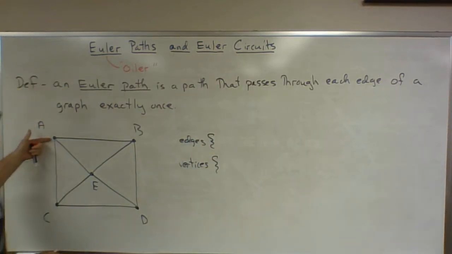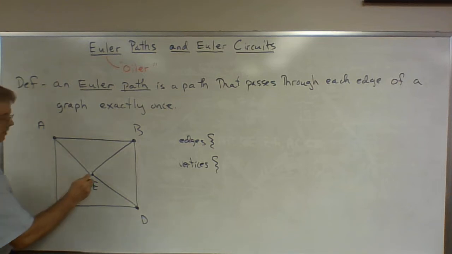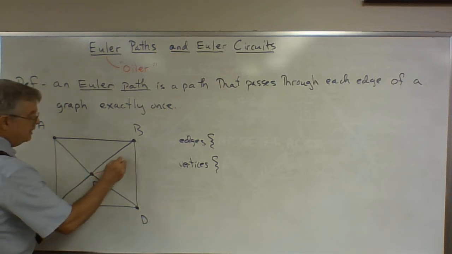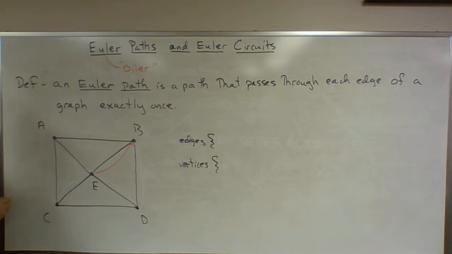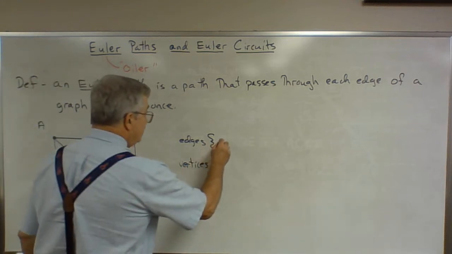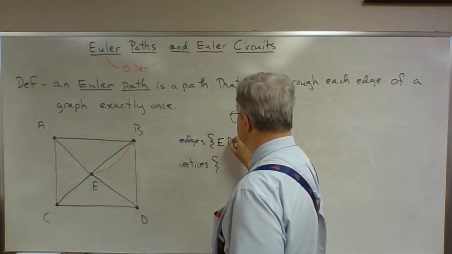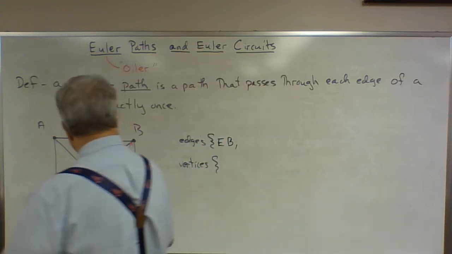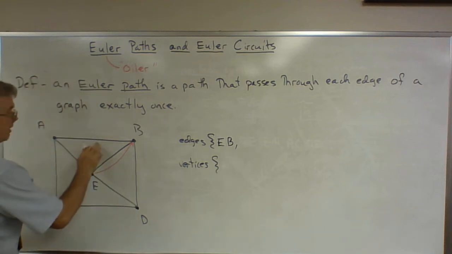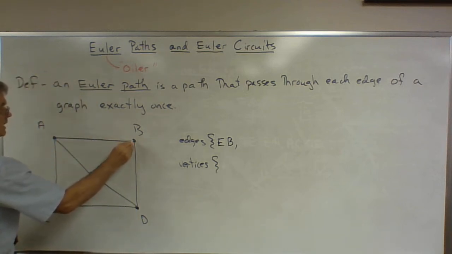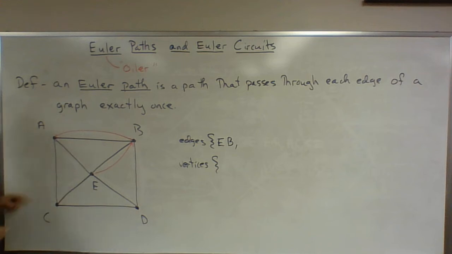And I'm not going to go to A right away. Now I'm going to switch things up a little bit, and I'll go to vertex B. So I've just covered this edge, the edge from E to B. And now I'm going to cover this edge. I'll go from B to A. So I got that edge covered.